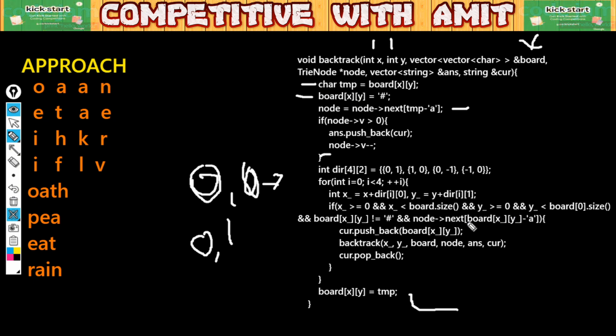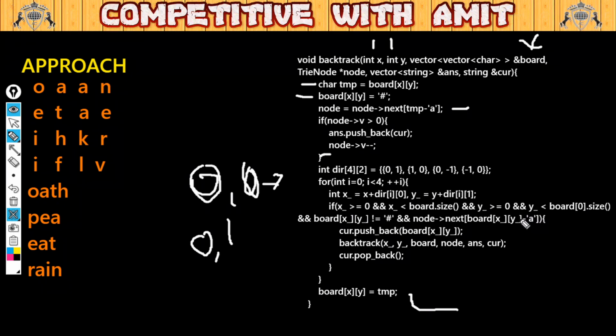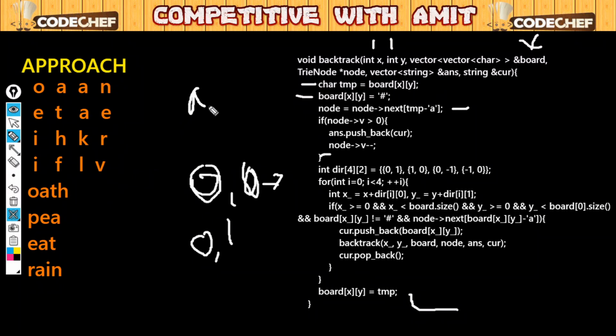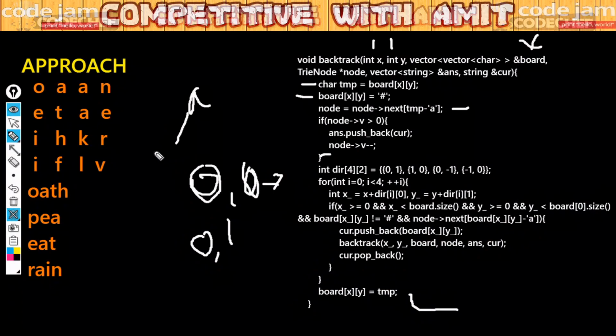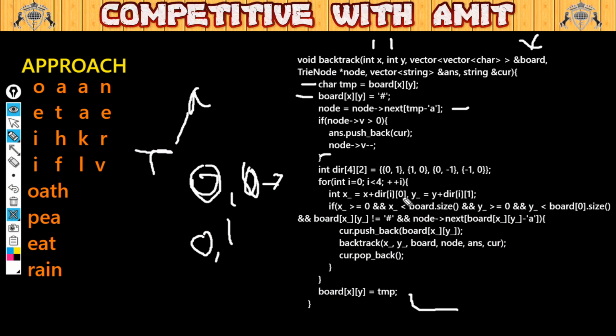Next, we will check whether the current index on which we are is equal to the next character we are expecting. Suppose we are on A, and we currently have T, so we are on T. Now we'll check whether any of these nodes is T or not.